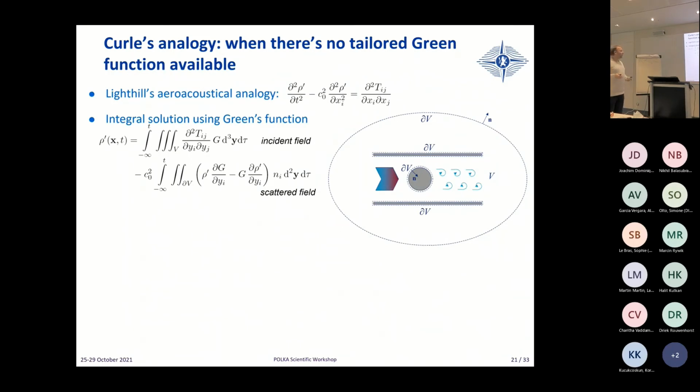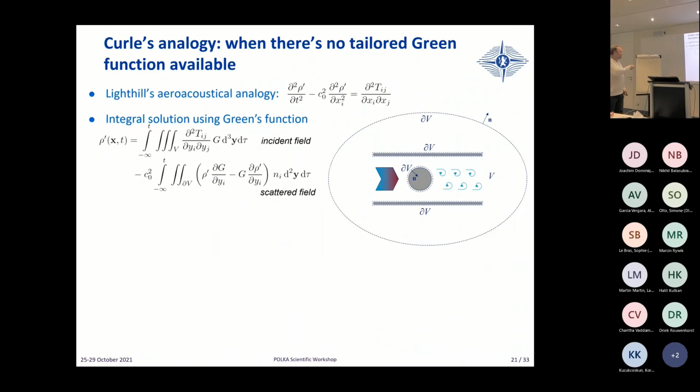So then having no better clue about a Green function than the free field one, you use the free field one, right? I mean, you would like to be smarter. You would like to have a tailored Green function, but you don't have one. But you need to pick one, and at least the free field Green function is well known. You have this delta function that is convenient, and then that's what you do. So you use G0, and then you solve this problem.